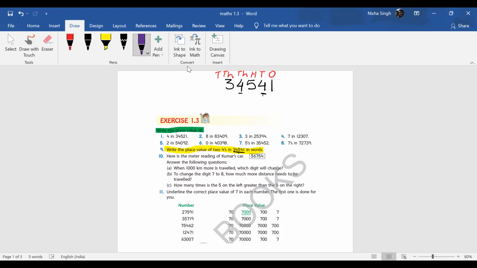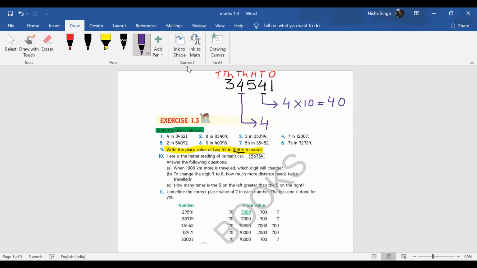So the place value for the 4 which is on the tens place will be, that means we have 4 tens. It means how many 4s do we have? We have 10 fours. So the answer will be 40. And for this 4, which is on the thousands place, how many thousands do we have?